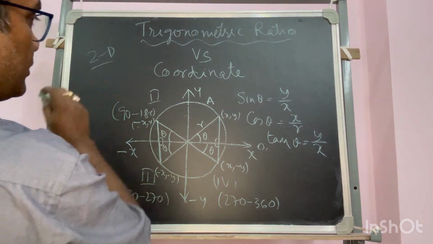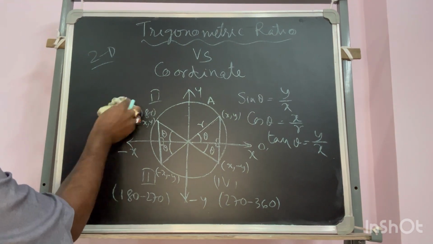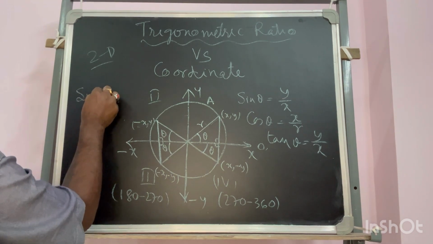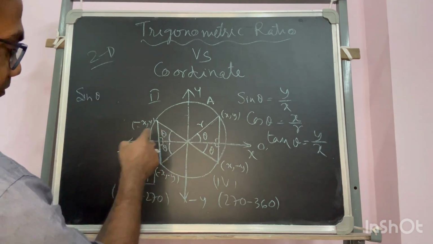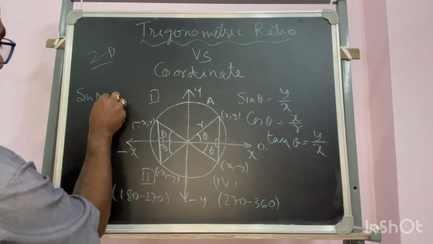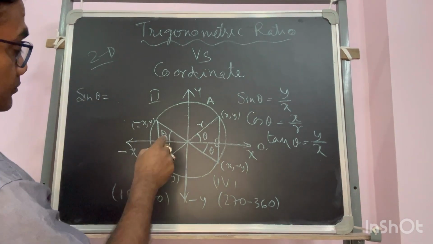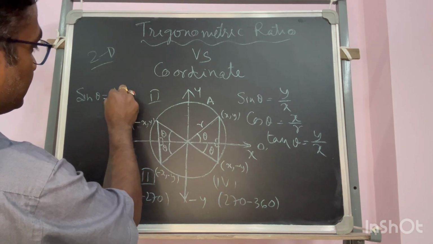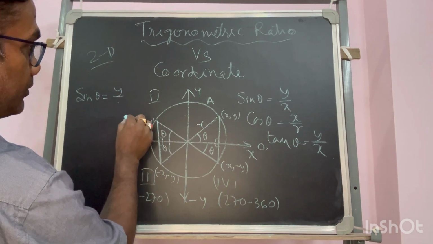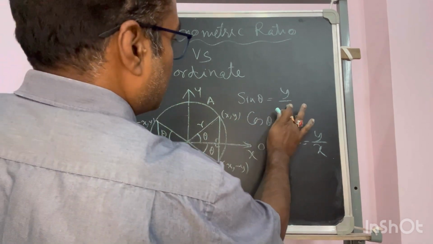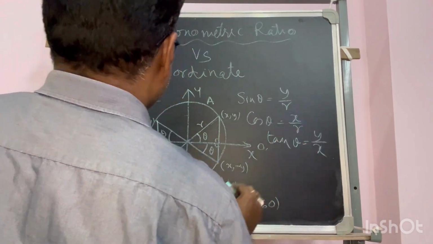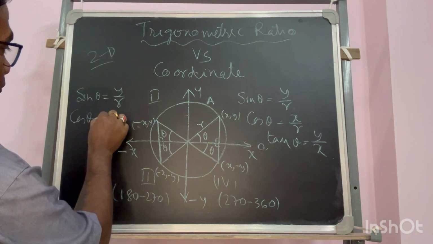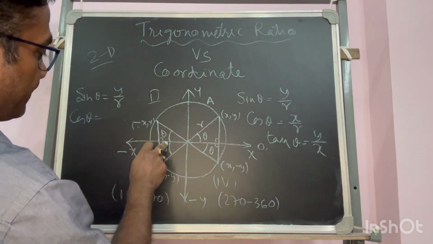Now moving to the second coordinate. If I calculate sine of theta here, that is equal to how much? Sine of theta will be y by r, sorry, I made a mistake, this will be r. So y by r. Cos of theta will be how much?